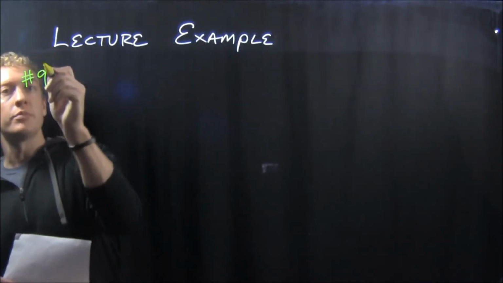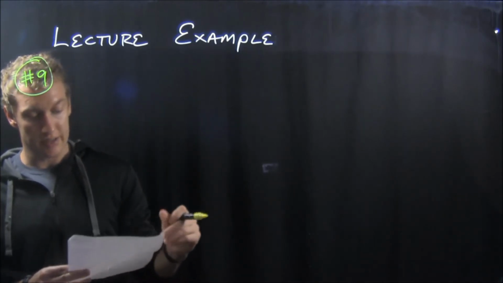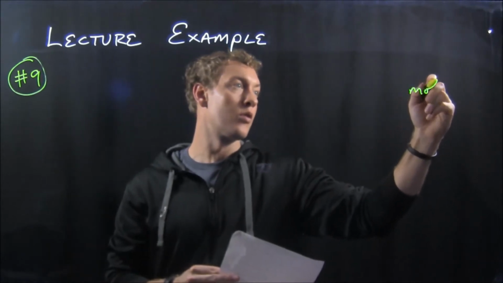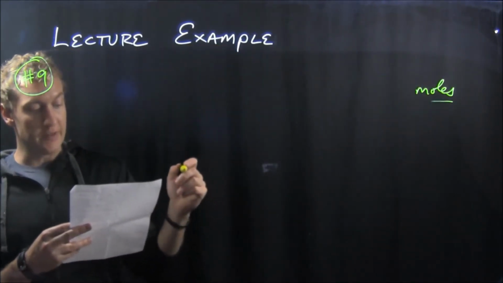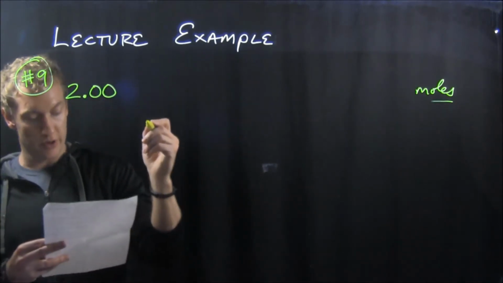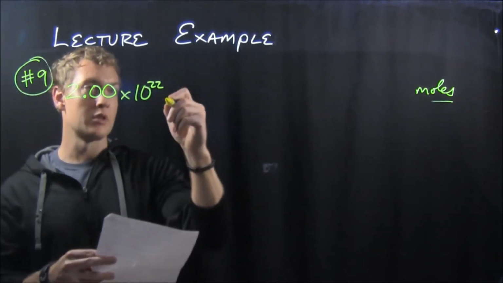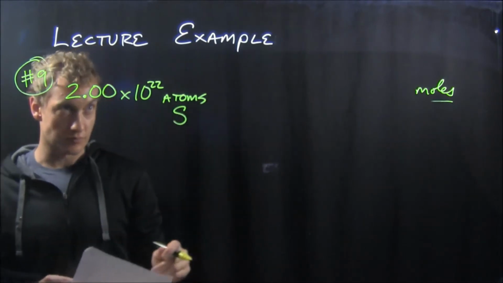This next problem is number 9 in the lecture examples, and it asks how many moles, so that's what we're looking for, moles, are present if you have 2.00 times 10 to the 22nd atoms of sulfur.